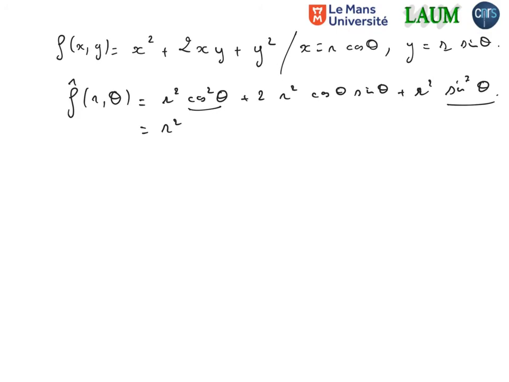I can also factorize by this r squared, so r squared times 1 plus 2 cosine of theta sine of theta.